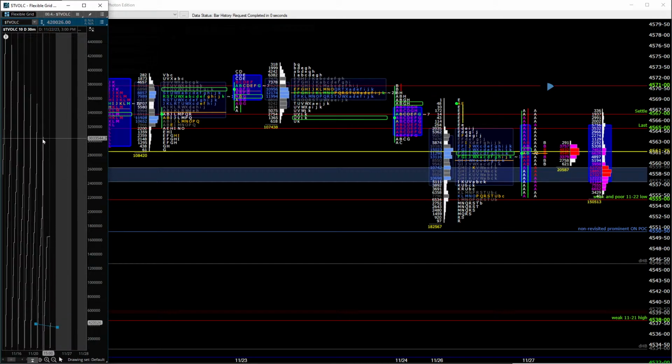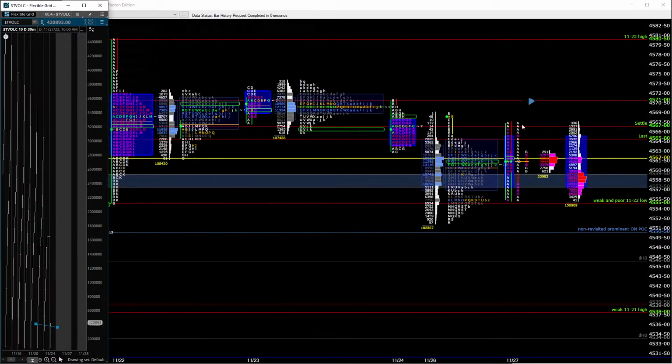Lower than Wednesday. Now what is the market doing? It's time to go lower, right? You have settled, market is time to go lower, and volume is even lower. Okay, so there is no serious selling here.